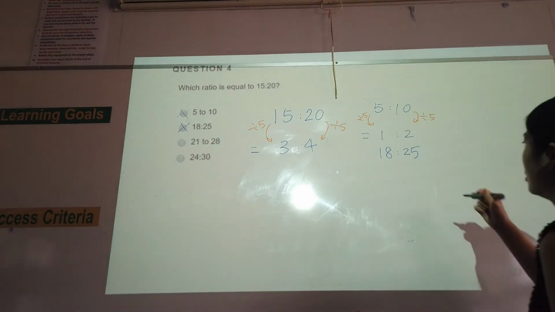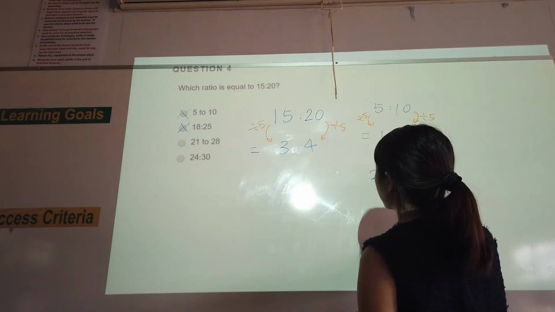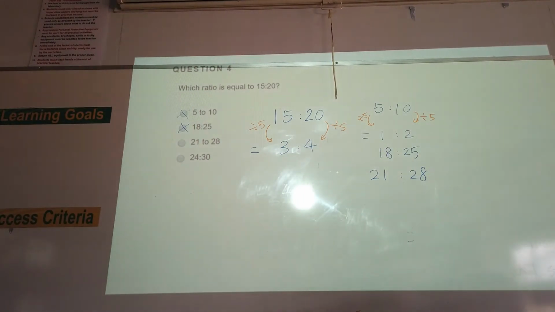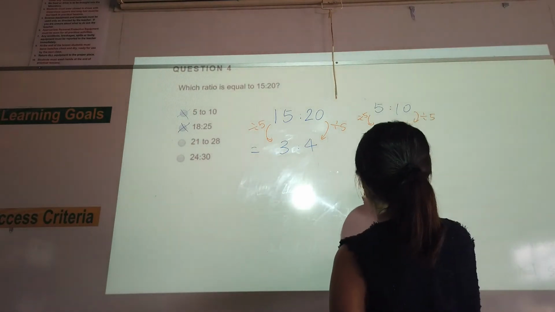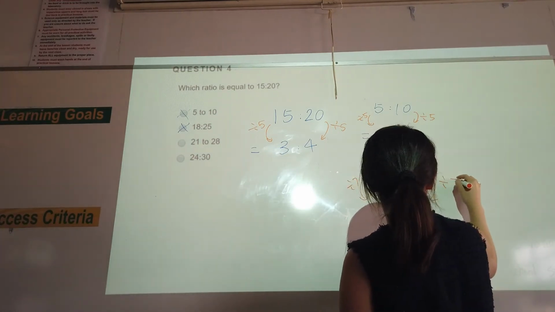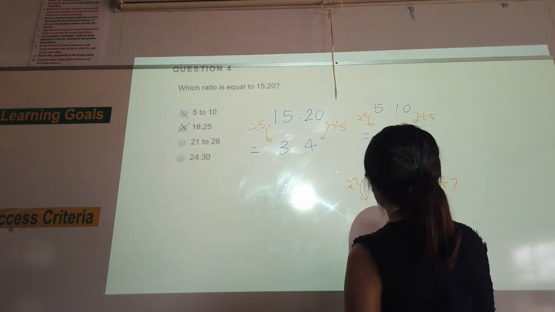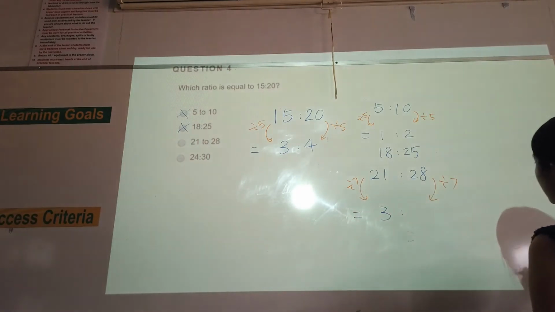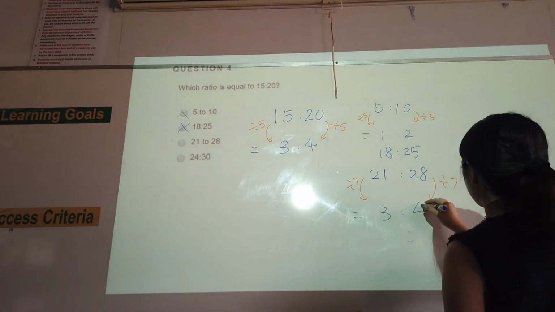Next one, 21 to 28. What is the highest common factor between 21 and 28? It's 7. So I'm going to divide both quantities by 7. 21 divided by 7 is 3. 28 divided by 7 is 4.